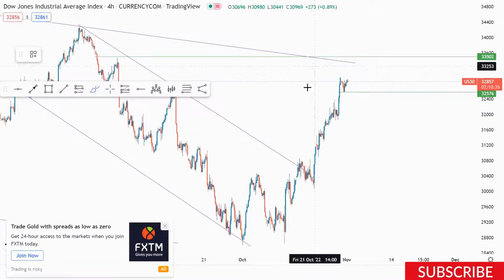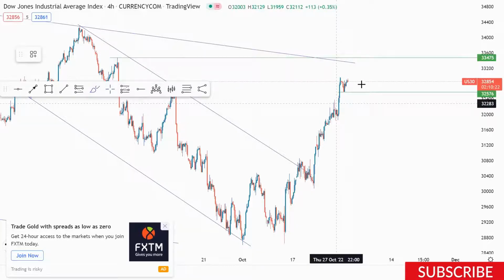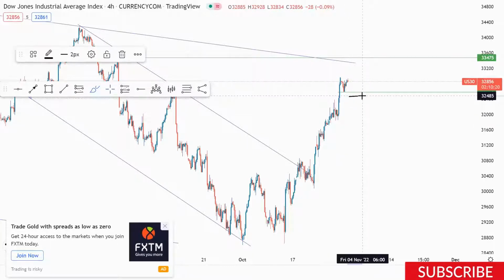But if the market ends up going to the upside, we would like to see how it reacts when it gets to that trend line. Is it going to reject from that trend line or from that resistance? However, if it's going to sell, then we'll be looking for sells below the support level, because that's how we'll know that the support has been turned into resistance.